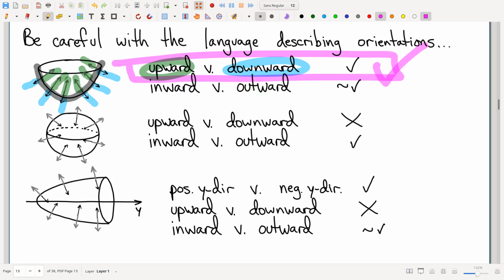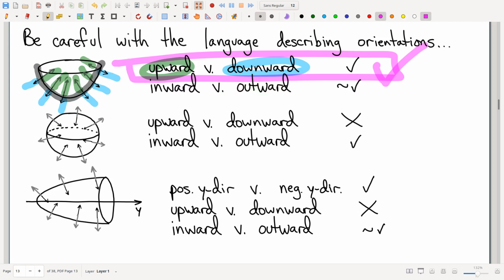So perfection's not the goal. If you wanted to give a truly perfect description of this green orientation right here, you'd have to write down equations. It's too complicated. They point in different directions everywhere. In casual parlance, I just want to remove the ambiguity. There are two options, and I want to communicate effectively which of the two I'm talking about. So this kind of language is a little sloppy and not exactly precise, but it is entirely unambiguous.